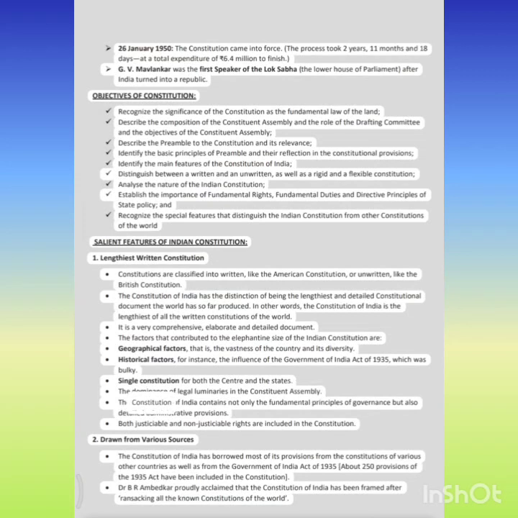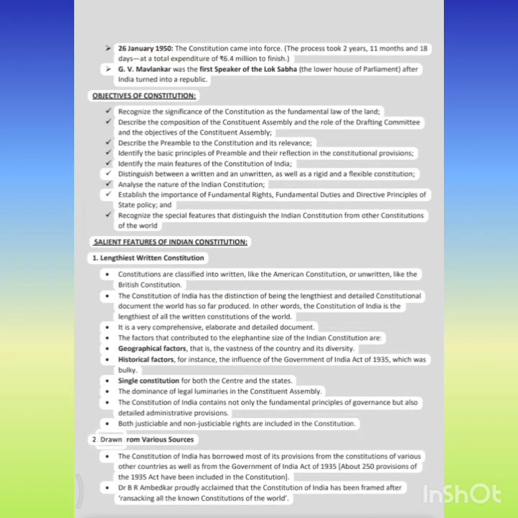The Constitution of India contains not only the fundamental principles of governance but also detailed administrative provisions. Both justiciable and non-justiciable rights are included in the Constitution.